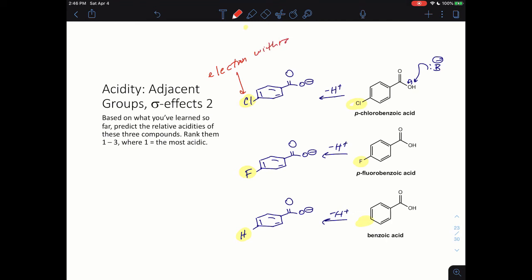They are very electronegative and they are withdrawing electron density through the sigma framework. What that serves to do is stabilize the conjugate base. So the halogen electron withdrawing group stabilizes the conjugate bases here.